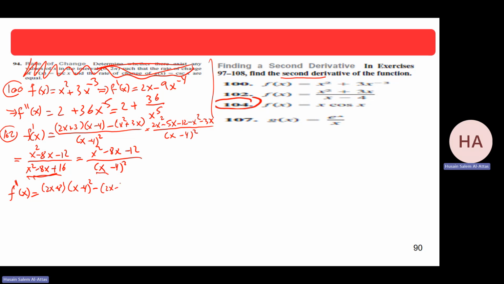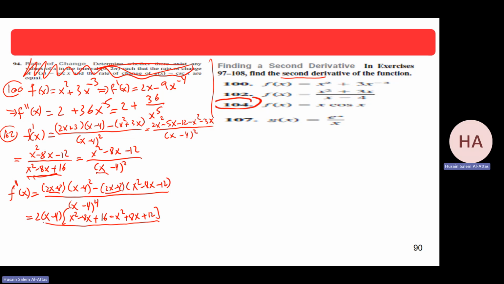So it will be 2x minus 8 times the numerator over the denominator to the power 4. Now I notice in this, I can take 2x minus 4 as a common factor, the remaining, which is x squared minus 8x plus 16, minus x squared plus 8x plus 12, all over x minus 4 to the power 4.